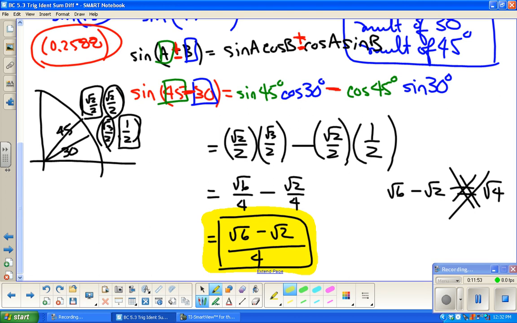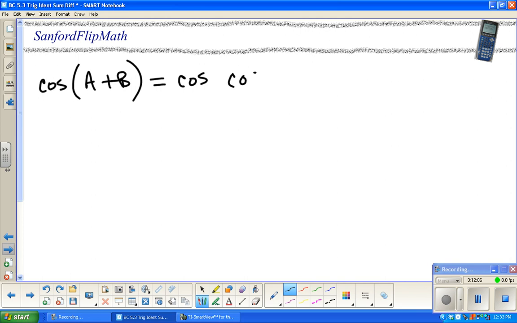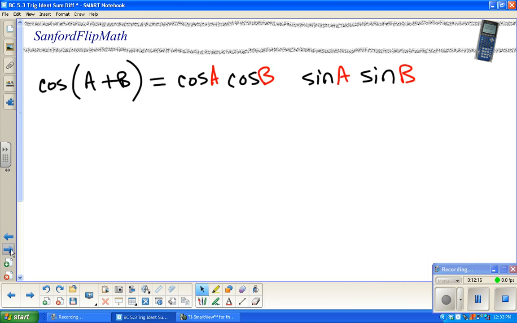Okay, different rule. Unfortunately, sine and cosine don't follow the same rule. So cosine has the same function together, and it's still that A, B. And here's the weird thing. If this says plus, this says minus.